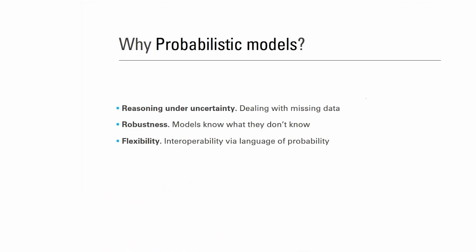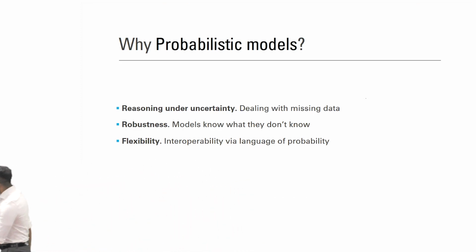Now, when you build such models, they are models that know what they don't know as well, like Sriraam was mentioning yesterday. We are not just interested in models that know what they know, but they should also have an idea about the uncertainty over the things that they do not know, right? Such things can be incorporated in a probabilistic model, so they are robust.